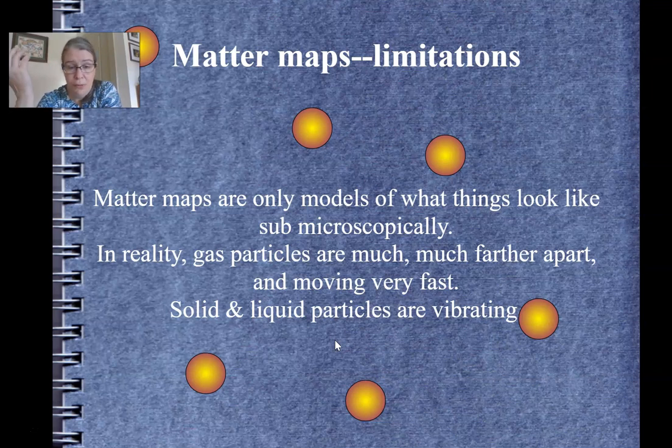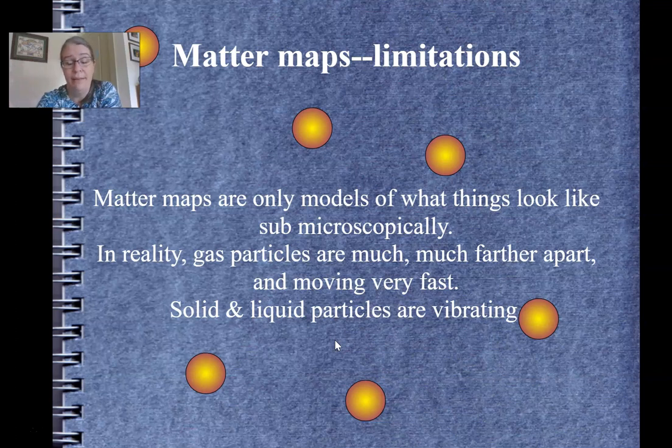But there's two problems with this matter map of a gas. One is that I have obviously scaled up the size of the atom in this gas. And if I scale up that distance between the atoms the same way that I scaled up the atoms themselves, this matter map would have one dot in it, and the next one would probably be down in Mr. Moore's room or down in Mr. Pulliam's room on their board.